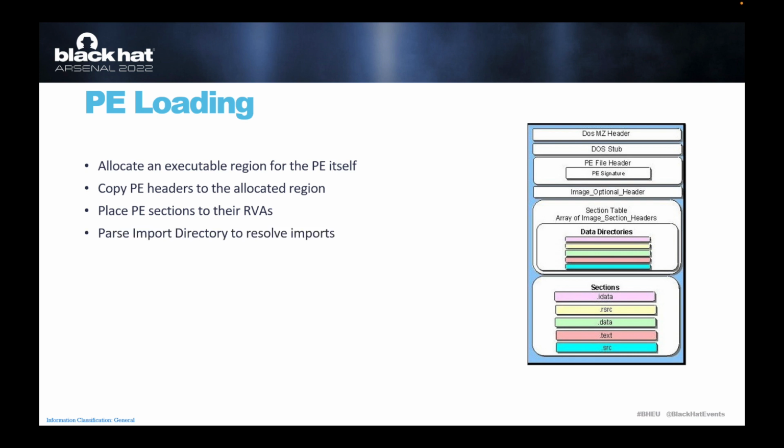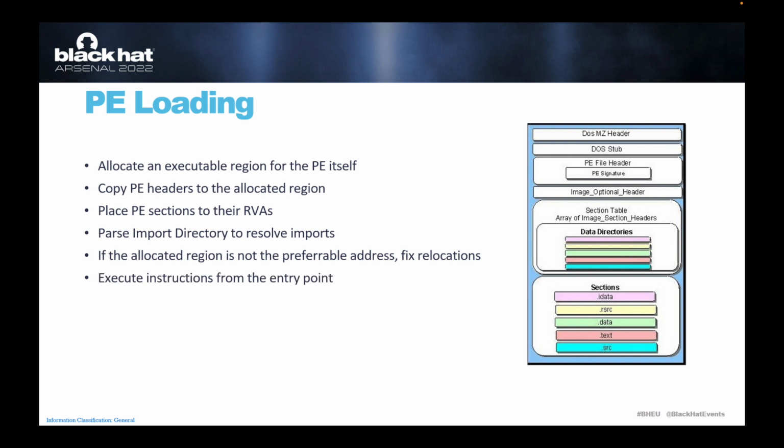After that, it finds the PE's import directory and parses it to resolve required imports. If the allocated region is not the PE's preferable address, it will fix the relocations from the relocation table. When everything is done, it directly calls the entry point and starts the execution of the input PE. These are typical PE loading steps from a host process.